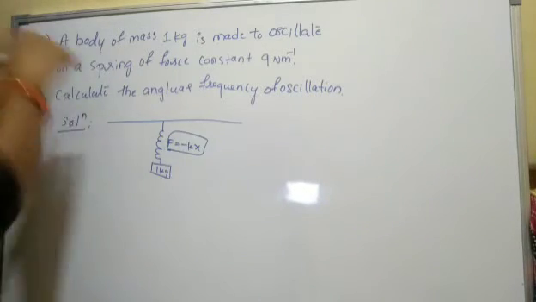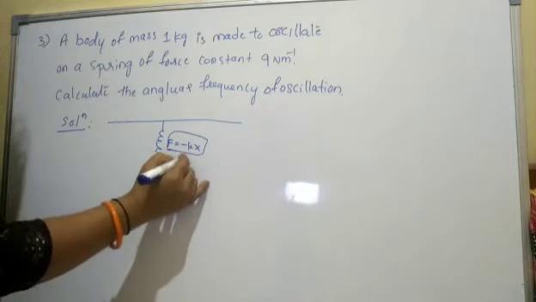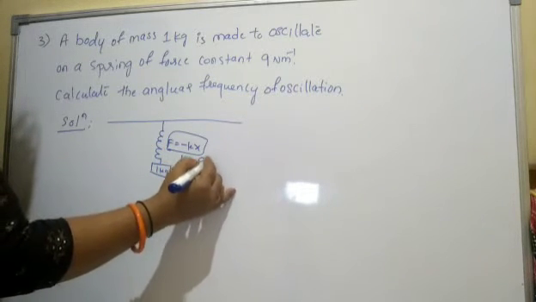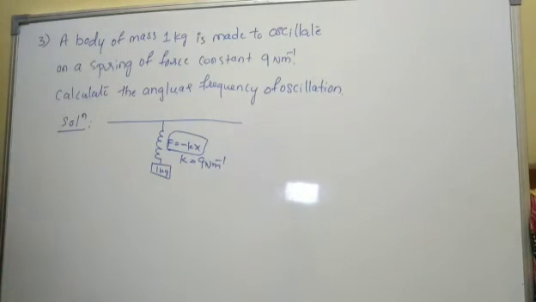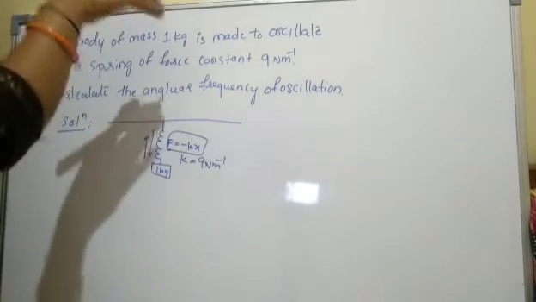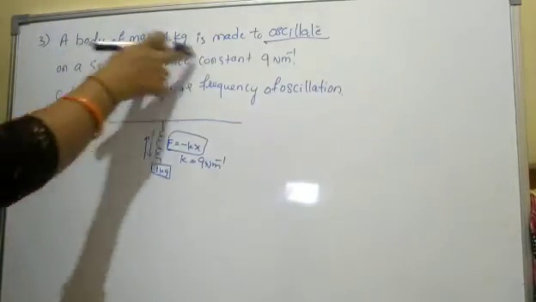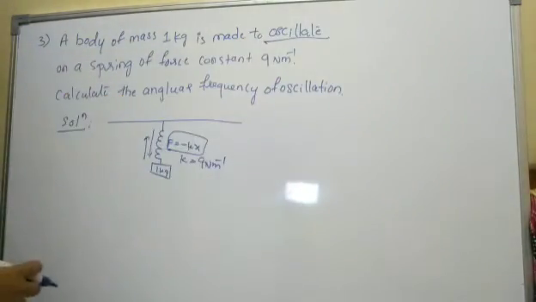K represents the force constant, here 9 Newton per meter. Restoring means it is coming and going, moving up and down, oscillating on the spring of force constant 9 Newton per meter.